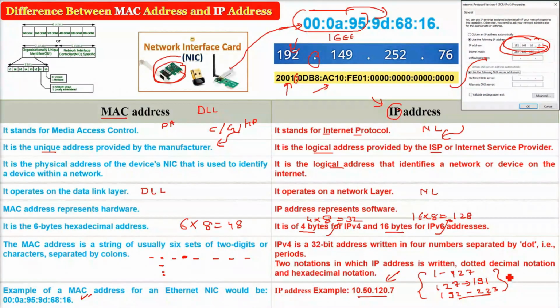IP also has classless CIDR addressing, which is a slash with a number that gives you the number of ones in the network address. Alright, so I hope you got the idea of MAC address and IP address.